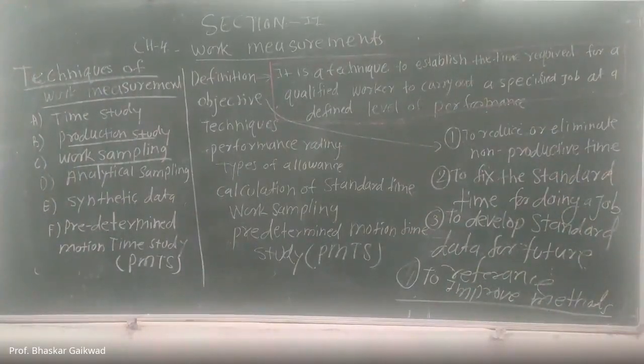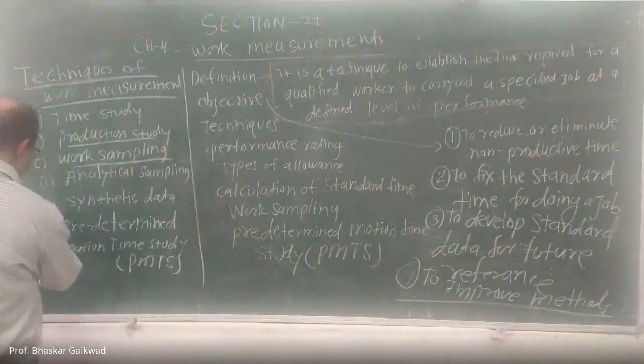Means for lifting how much time, releasing how much time, walking how much time, it will come under PMTS. So out of these methods, what is given in our syllabus is time study, work sampling and PMTS. So here this is the one method.